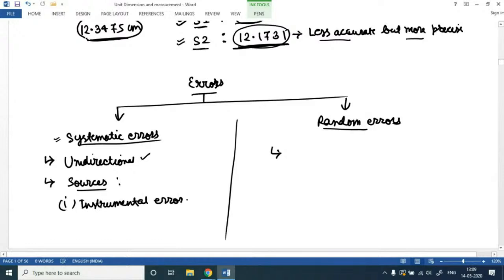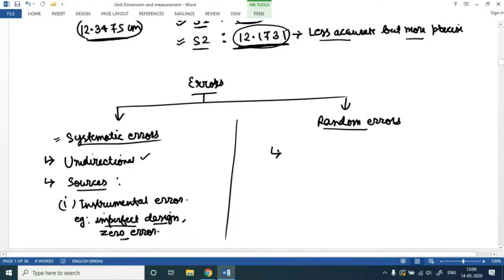Instrumental error we can have, for example, imperfect design, or you can have some zero error, etc. If we are having imperfect design of a measuring instrument, or wrong calibration, then while measuring any physical quantity from that instrument, we will always have that much error present, which is due to the instrumental error.